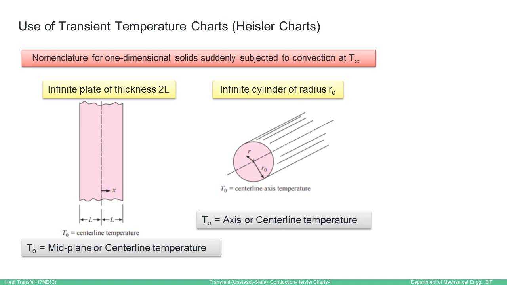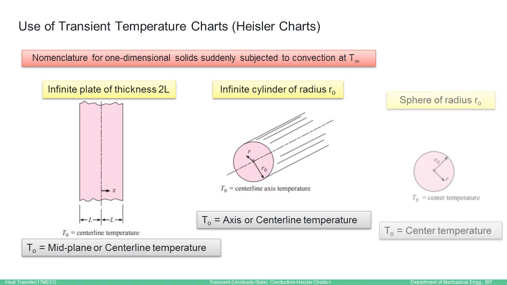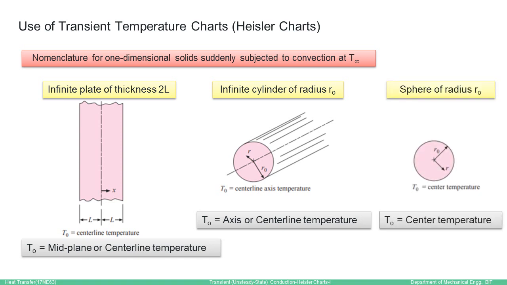Now it is axis temperature or center line temperature for a cylinder. For a sphere of radius r naught, it's only the center temperature. There cannot be any line for a sphere, so it is the exact center temperature of the sphere which is considered as T naught here. R naught is the outer radius.